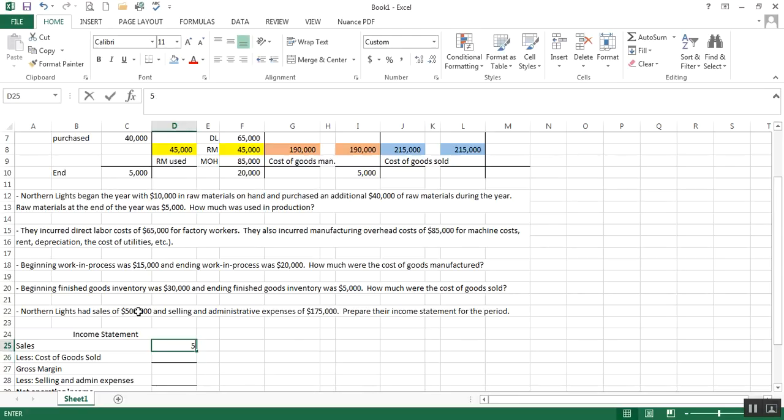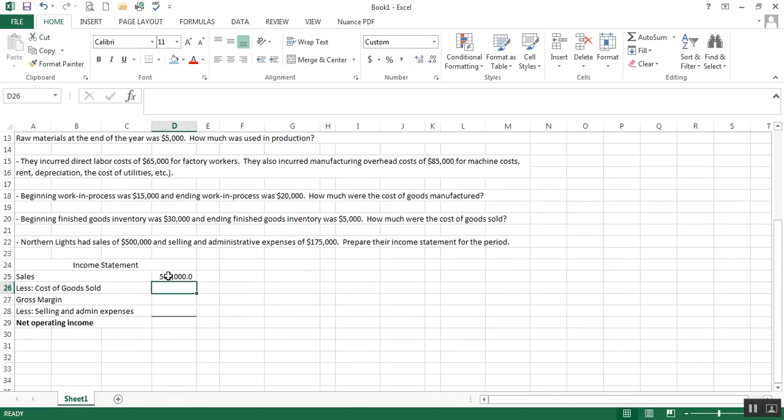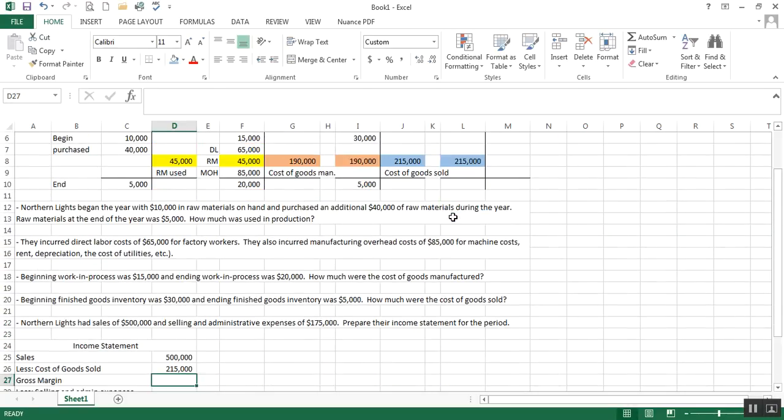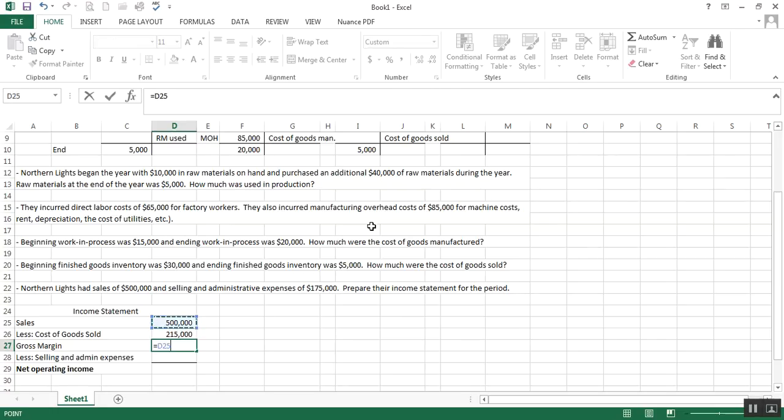Next, we're going to look at our cost of goods sold. So this is a regular income statement, and we just solved our cost of goods sold, which is here, $215,000, and our gross margin is the difference between the two. And then we have our selling and admin expenses, which the problem told us was $175,000, which gives us our net operating income of $110,000.